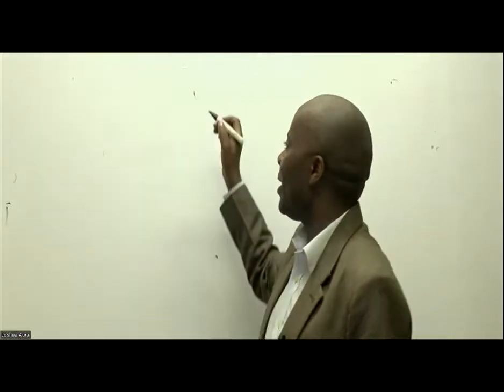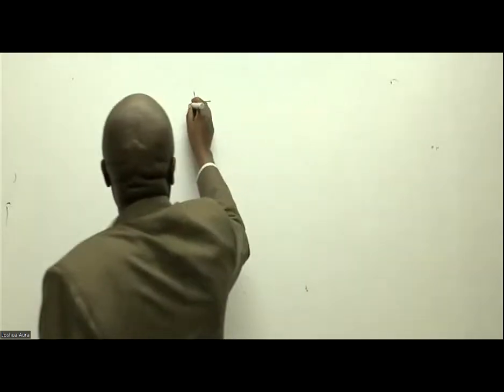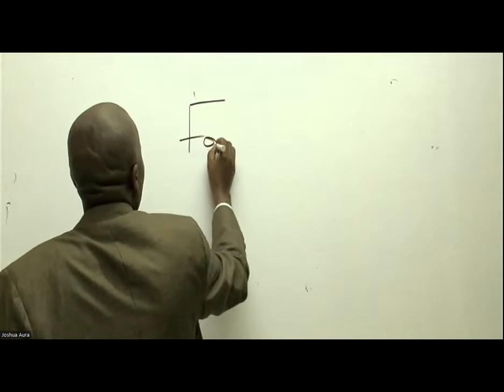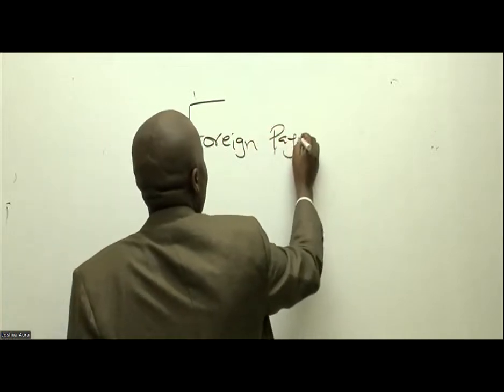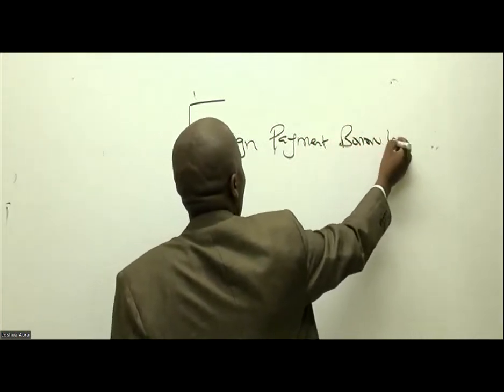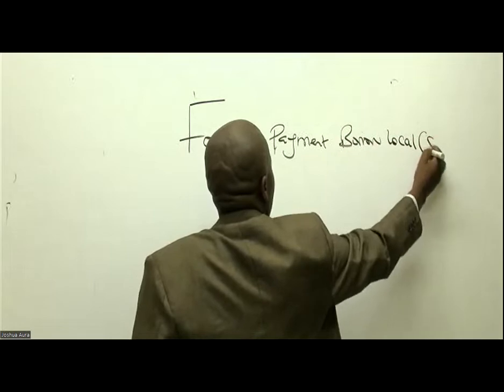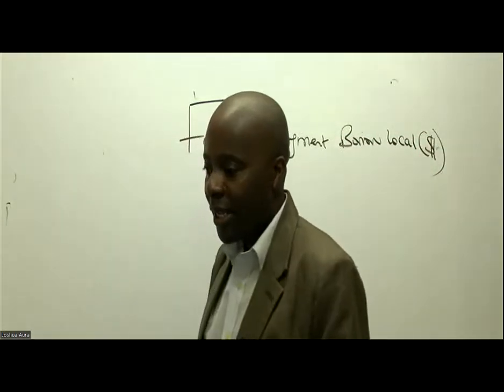Rule number 2 is: foreign payment, borrow local. And we know that the local currency for this company is the dollar.